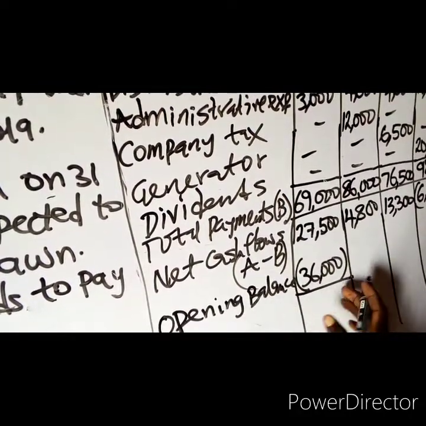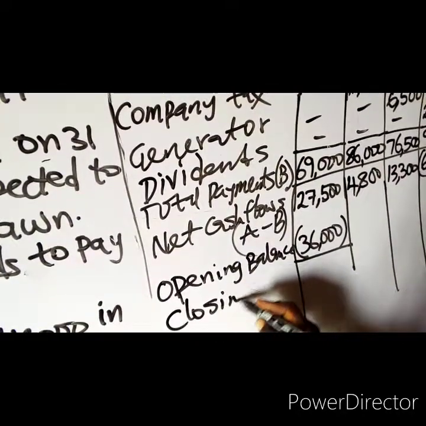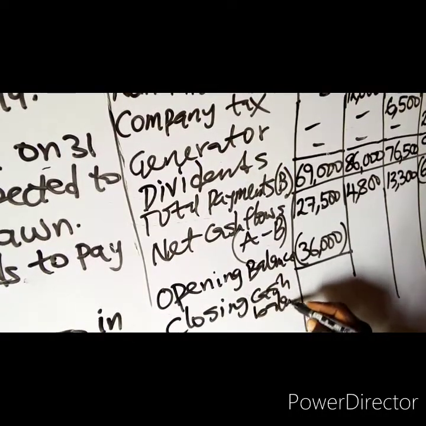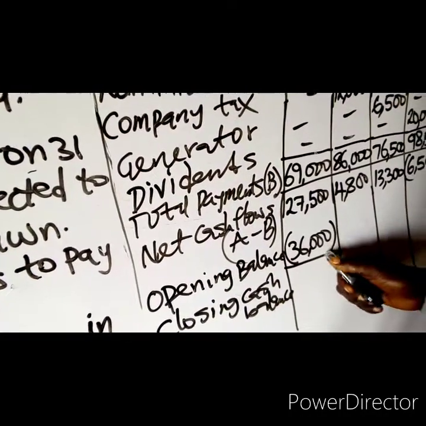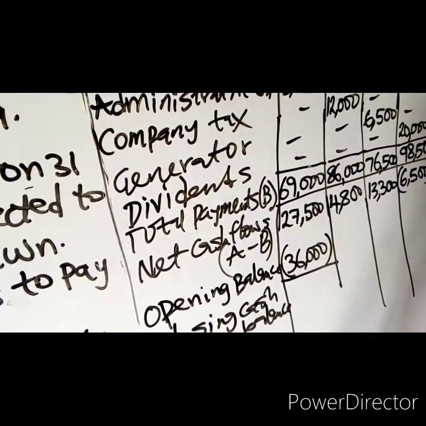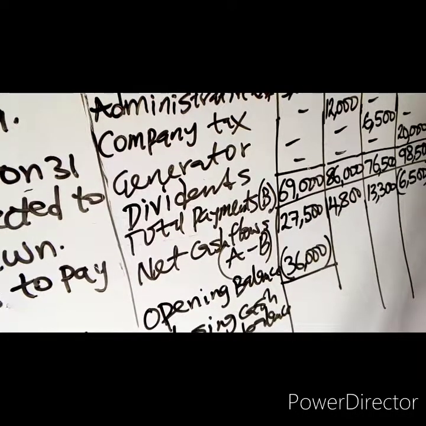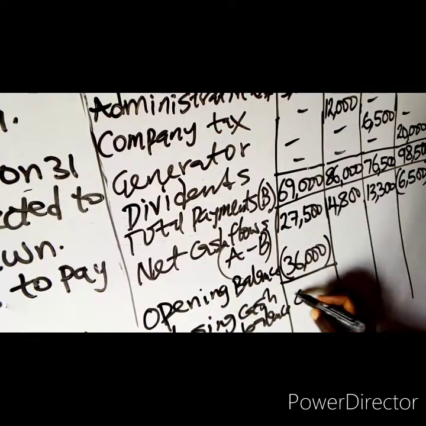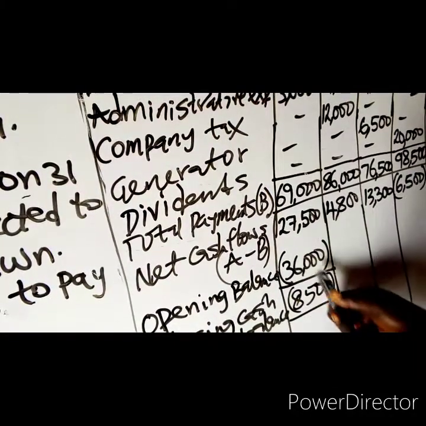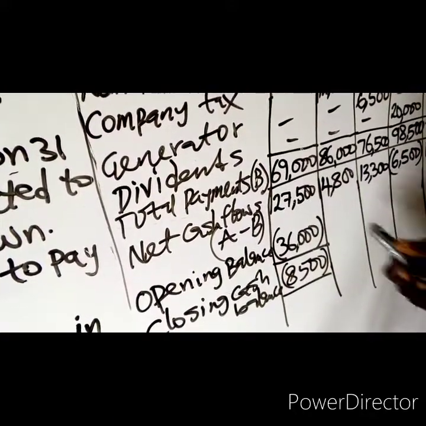Then after adding the opening balance, you get the closing cash balance. Remember, this is negative, so that means you are going to subtract it. So 27,500 minus 36,000. Then you have 8,500 negative, because the overdraft exceeds the net amount you have in hand as cash.